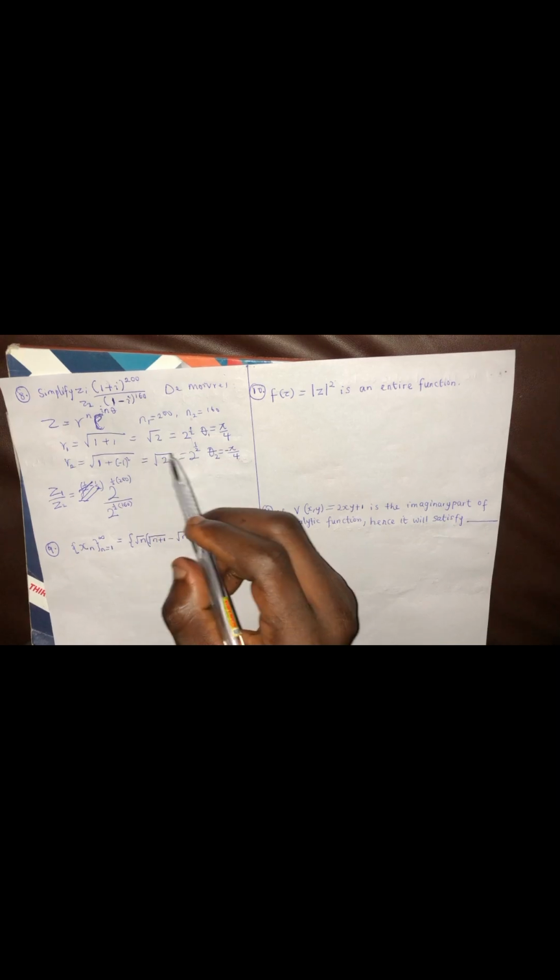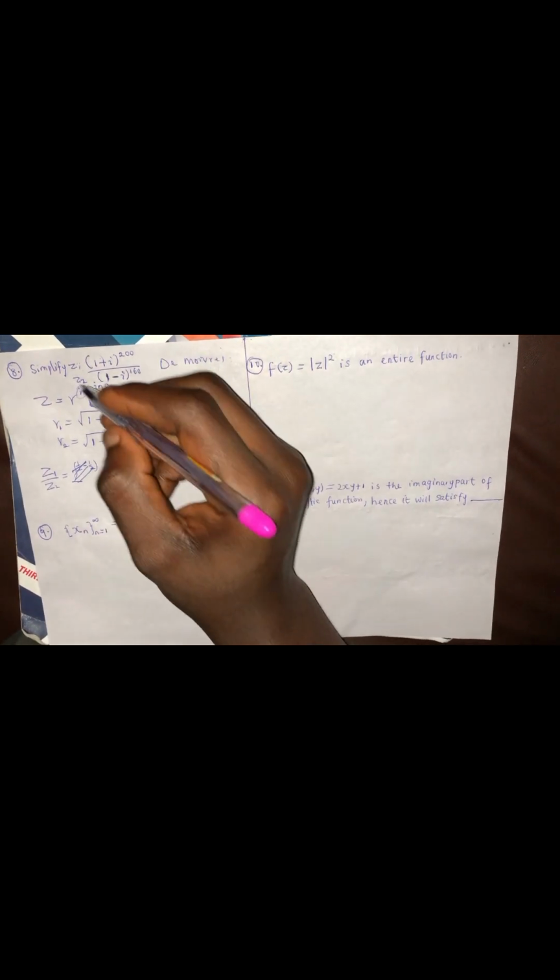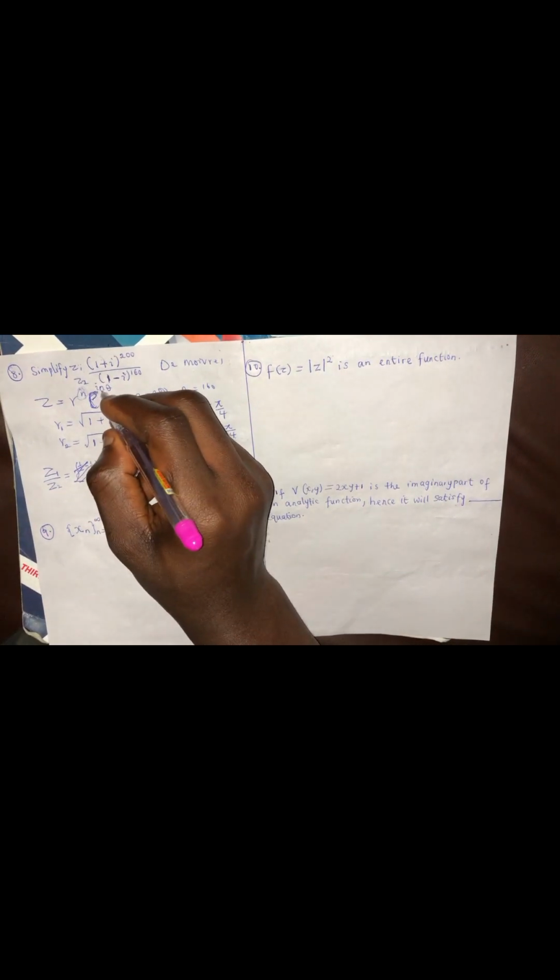Okay, remember we are going to be attaching n to it. But since we are dividing one by the other, we have to do this. So now multiply by, the up one we have its own e, the down one we have its own e. Remember we say it's e to the i n theta.